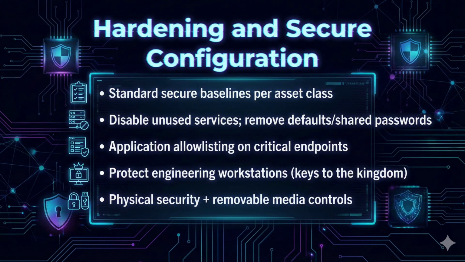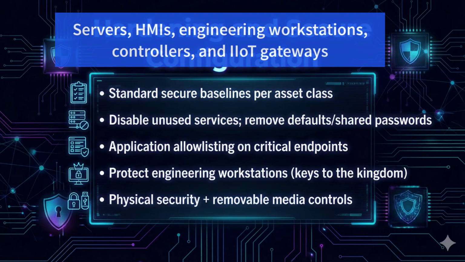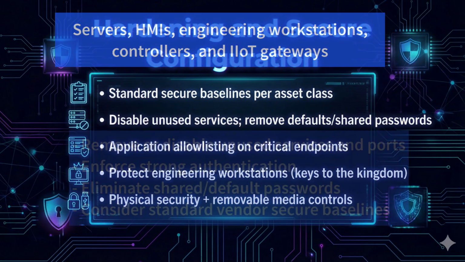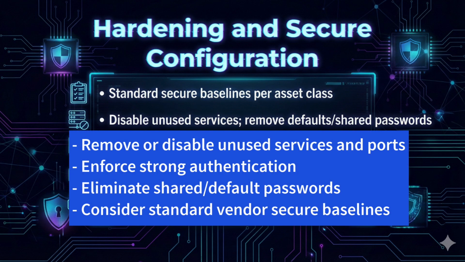Hardening is where we turn design into device-level reality. Think of hardening as creating a safe, repeatable baseline configuration for each class of OT asset: servers, HMIs, engineering workstations, controllers, and IIoT gateways. Start with the basics.